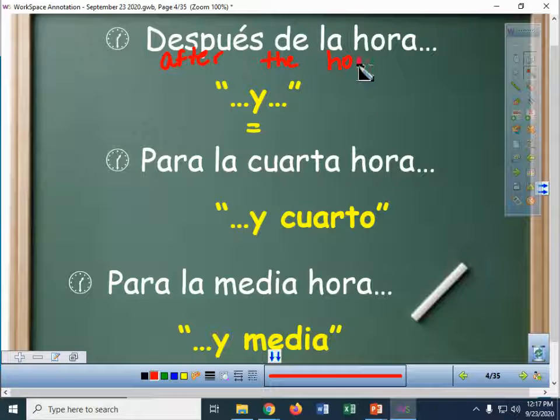Después de la hora, after the hour. So what this means is that if it is 2:10, I am going to write son las.